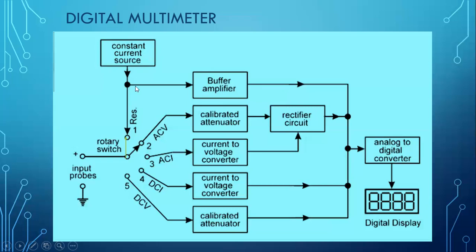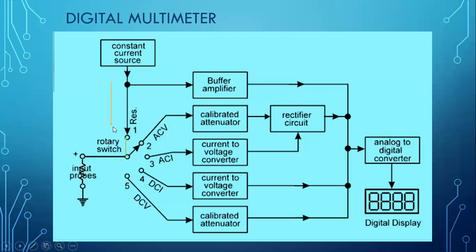The main thing about the constant current source is that it can supply a very constant current into the circuit. This constant current flows out of the constant current source, comes through this rotary switch, and then through whatever resistance I want to measure, which I have connected in between the input terminals.